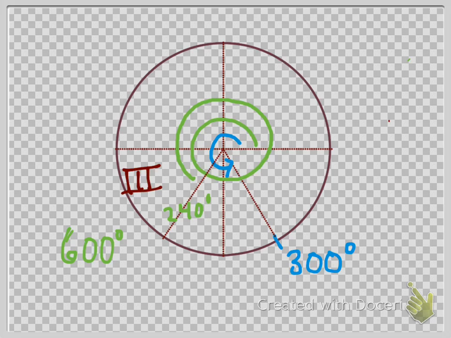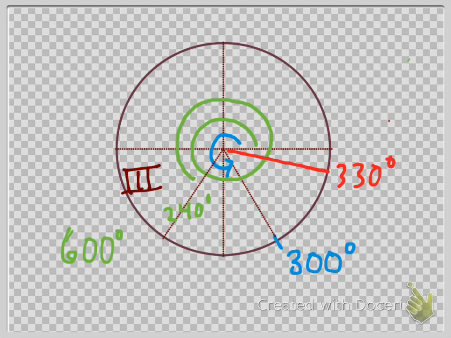However, if you pick an angle to begin with that's closer to our values here, let's say 330 degrees, an angle closer to the horizontal axis, and double that, 2 times that gives you 660 degrees.